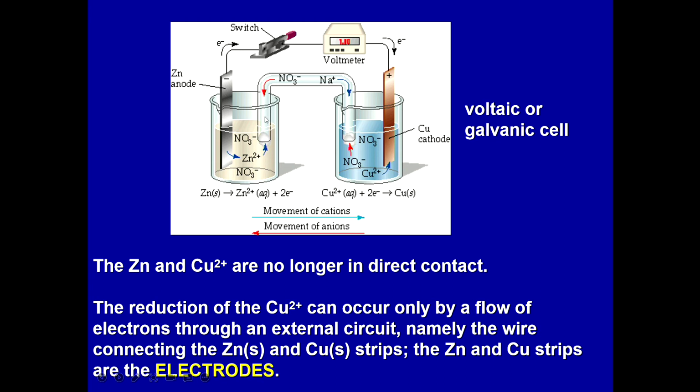So after the reaction, we can see the electrons are transported from this side to this side. Because the electrons move here, it can light the bulb.